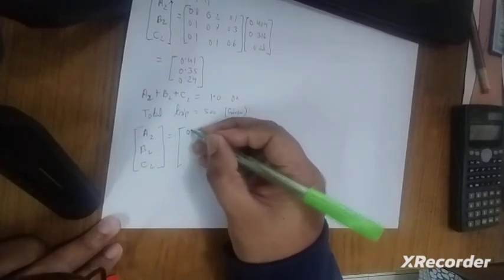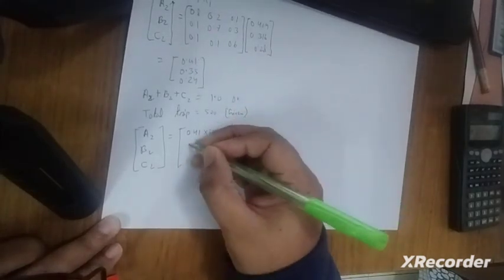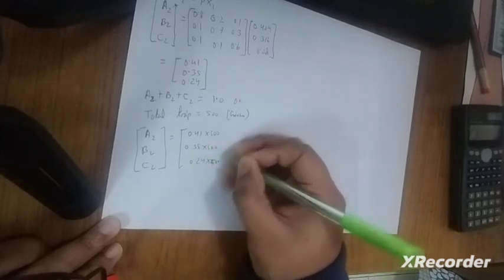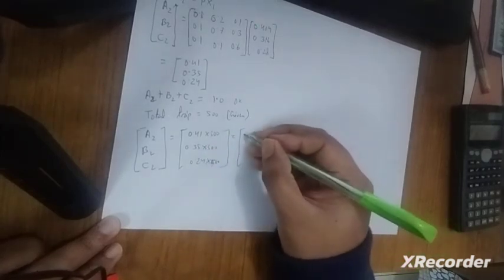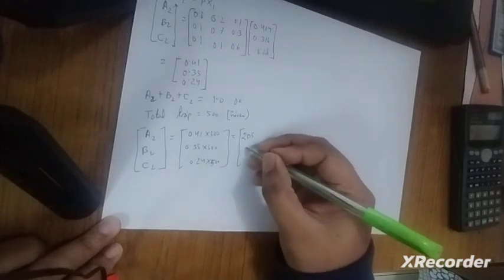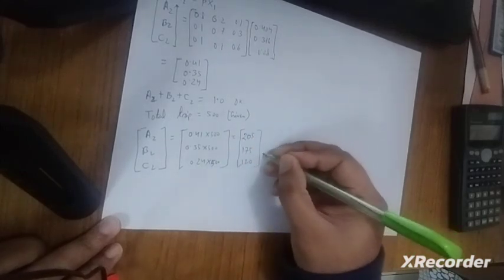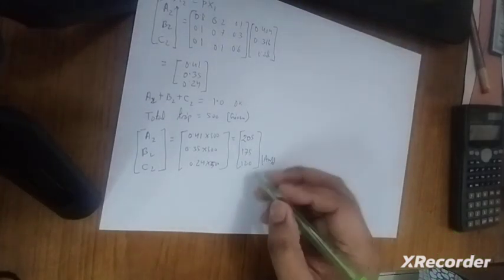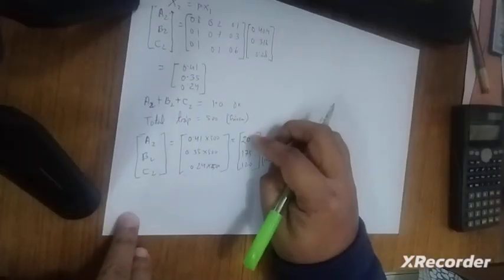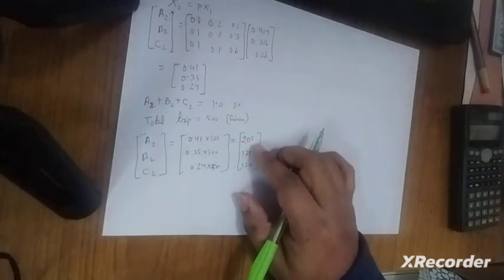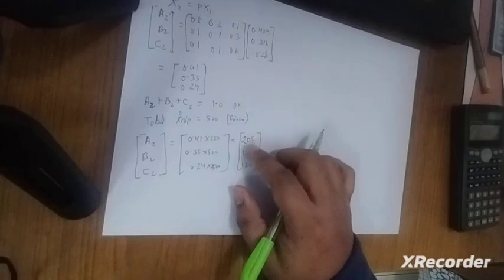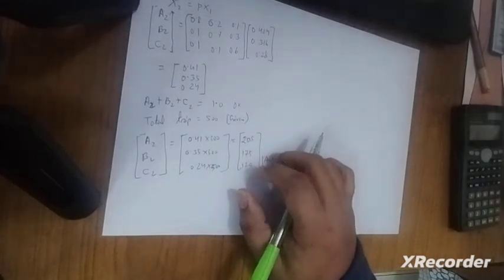If we multiply 0.41, 0.35 and 0.24 by 500, we get the actual values. Obviously these values will be integers, that is 205, 175 and 120, and these are the answer. This is the trip production in 2026, that is after 2 steps, that is 2 years, the number of trips for the first city, second city and third city. Thank you.